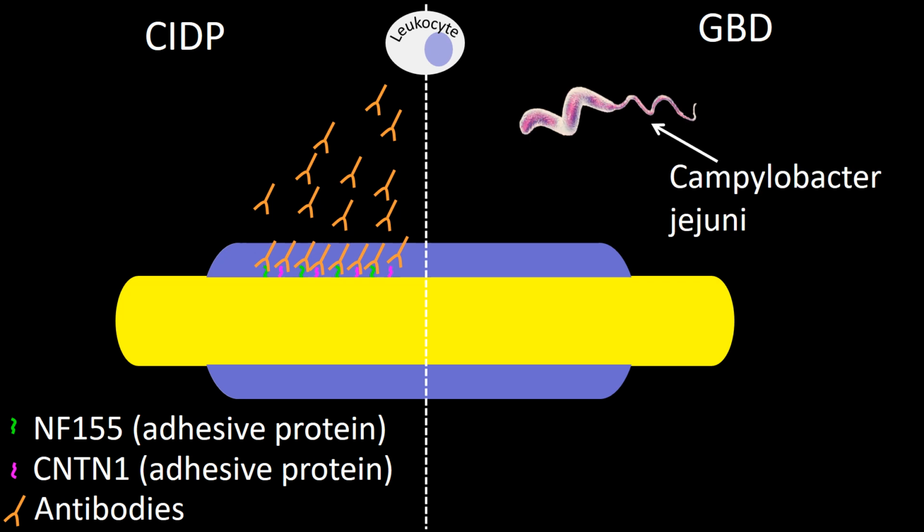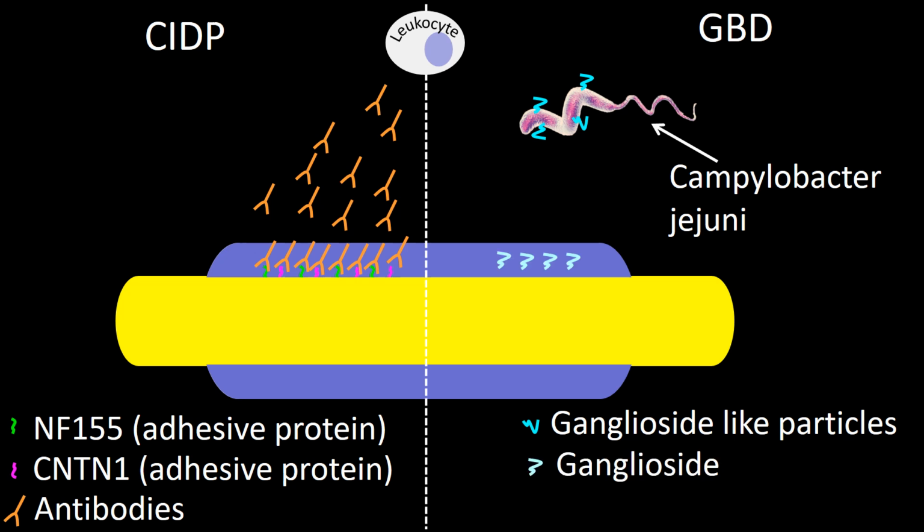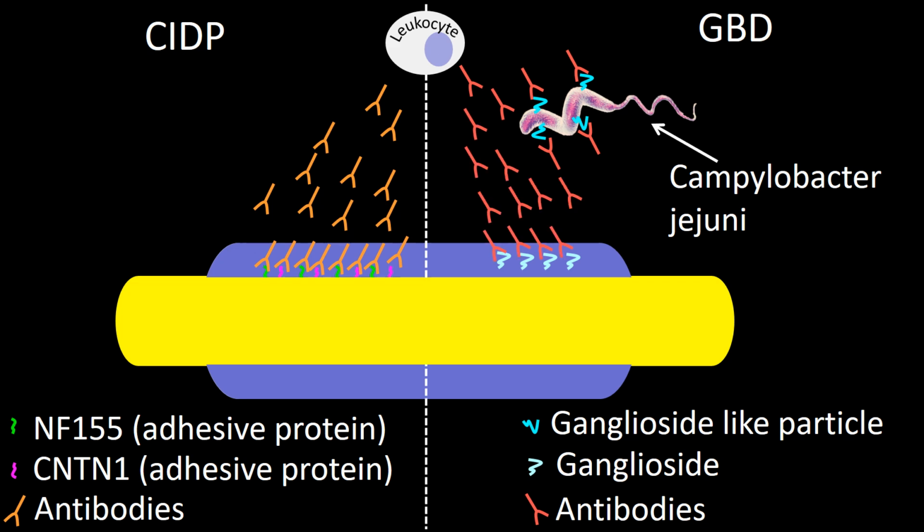triggered by Campylobacter jejuni, components of this microbe have ganglioside-like particles, here represented by the wiggly aqua lines. Gangliosides are also present in myelin. Hence, when the immune system produces antibodies against the ganglioside-like particles in the microbe, they also attack the gangliosides in the myelin.